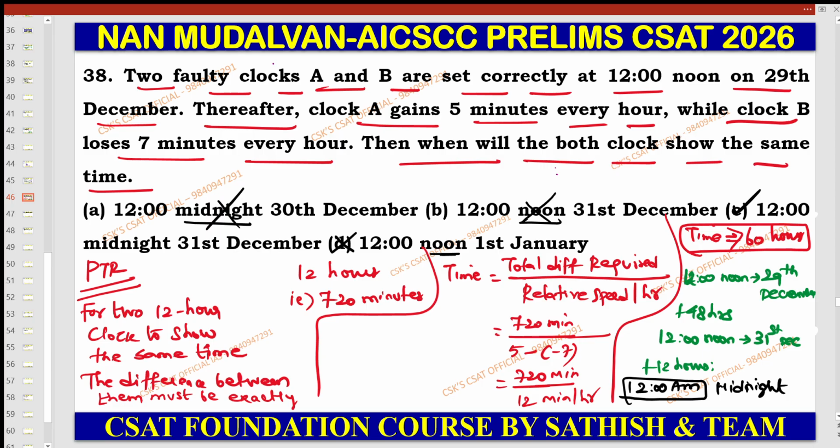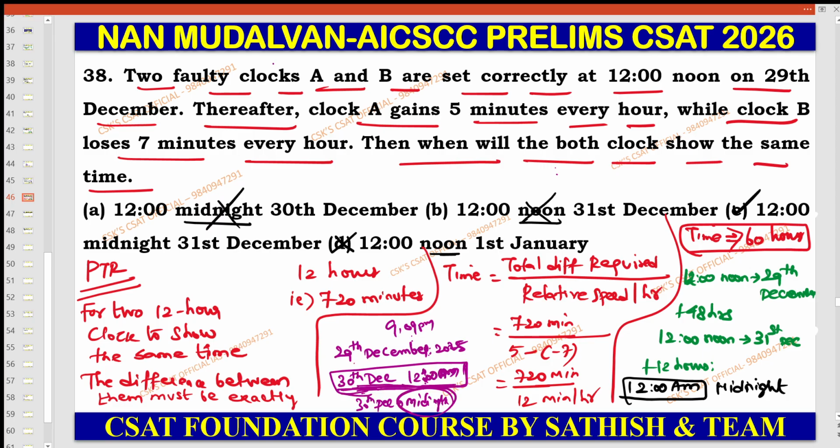So now you guys are saying that if the option provided is 12 a.m. 1st January or else 12 midnight 1st January, then what is the answer? I'm giving you the same year.